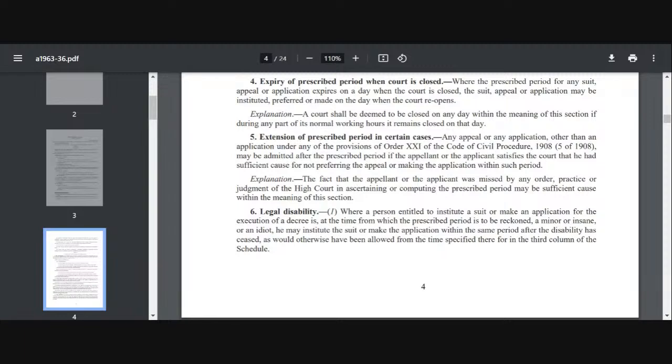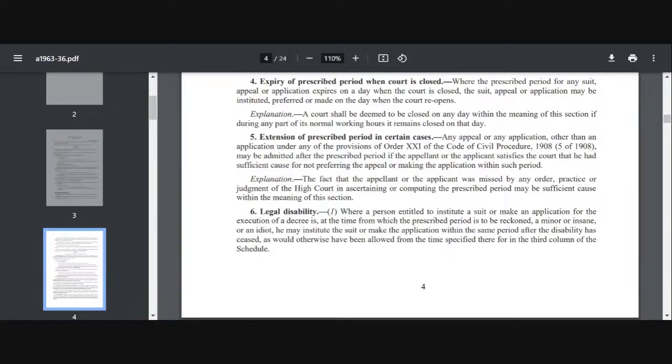Imprisonment in jail is also considered a sufficient cause, and whatever time you have spent in jail can be condoned. Bona fide mistake in calculation or mistake of counsel is also a sufficient cause. But if you come with the cause that I'm poor and did not have the money to file the suit, it is not allowed. So poverty is not a sufficient cause, because the court gives you legal aid.